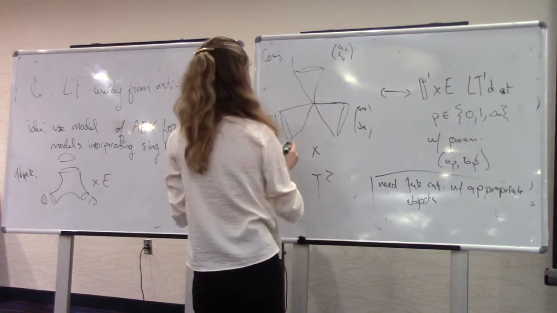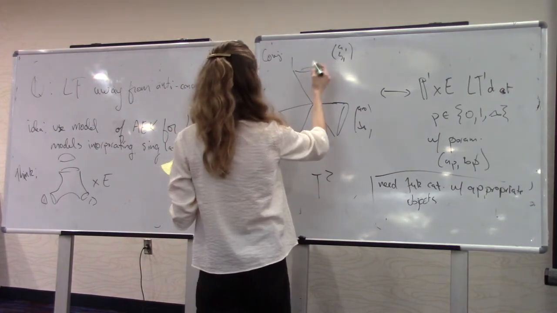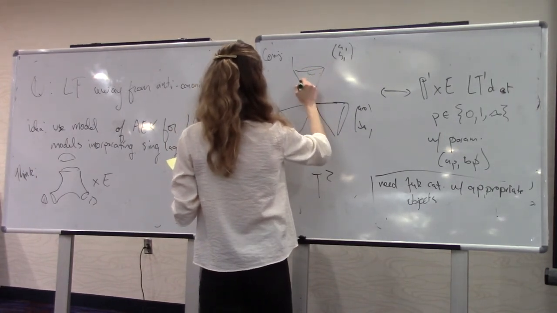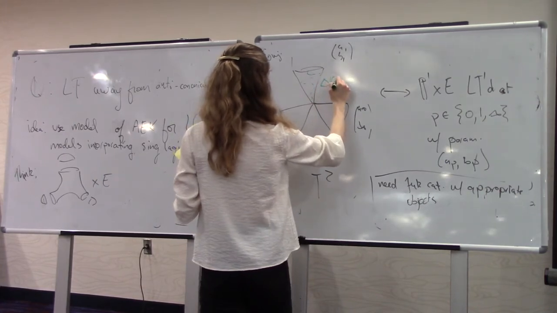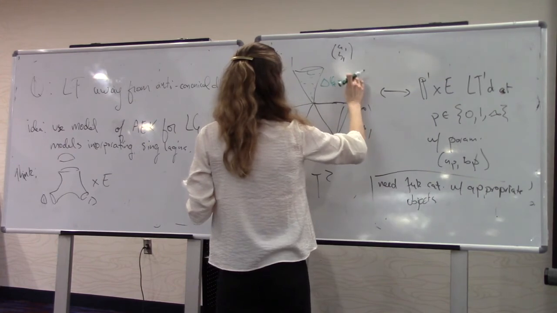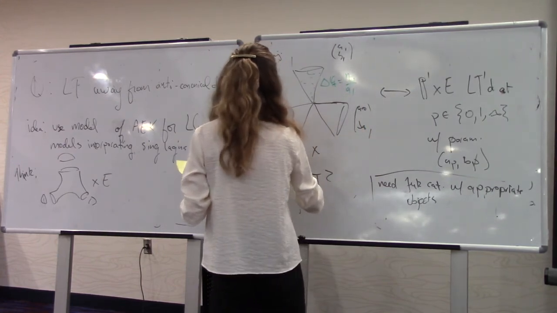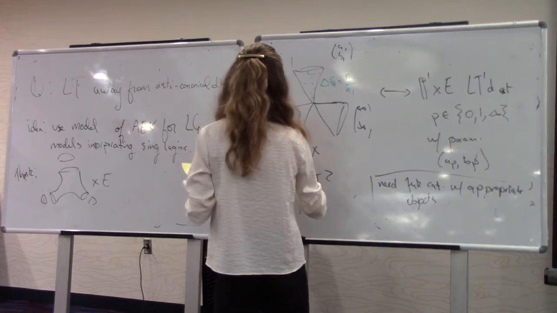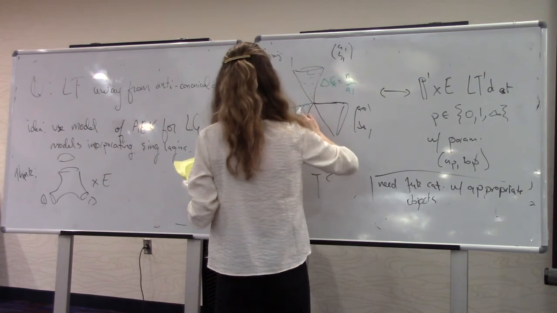So part 1 is that this is mirror, and then part 2 is that if I take something that has delta phi t here equal to N1 over A1, and delta phi t here equal to N0 over A0. So I'm taking some product Lagrangian.